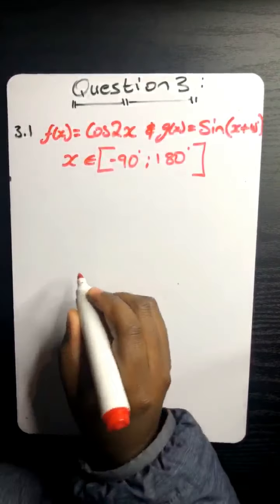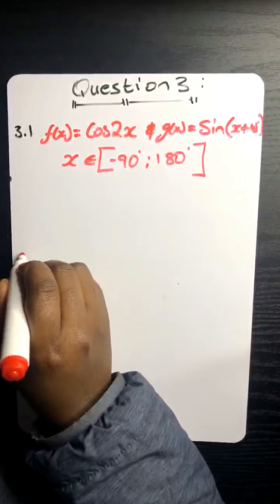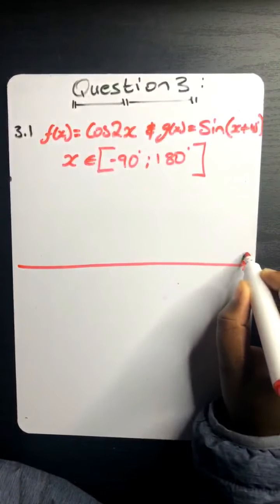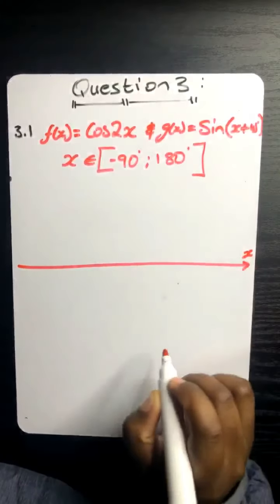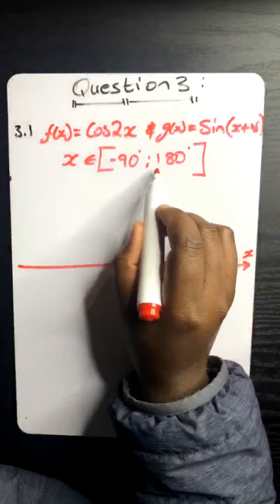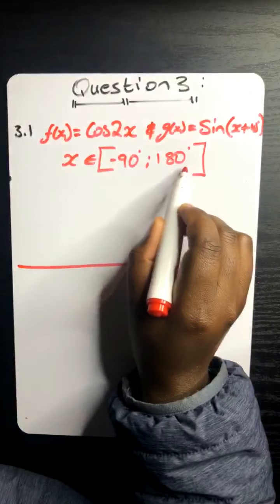So very, very much important, ladies and gentlemen, because you have your straight horizontal line called the x-axis. You are going to be plotting more on the positive side of the axis.